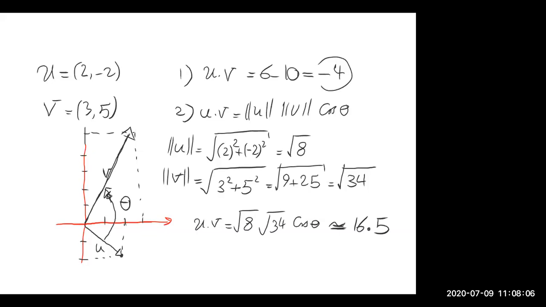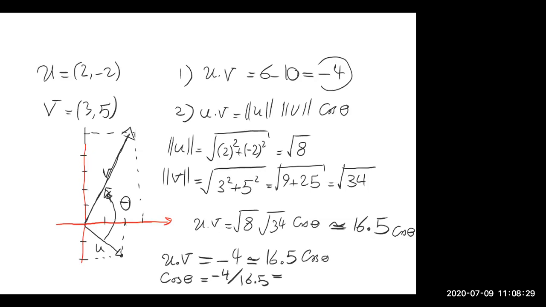Okay, so U dot V is equal to that times cosine of theta. One answer tells us it's minus 4. The other one tells us it's almost 16.5 cosine of theta. It means cosine of theta is minus 4 over 16.5.